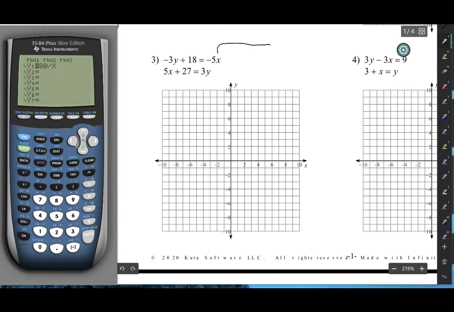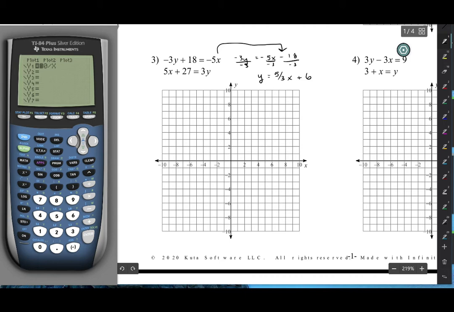I'll just solve it for y by subtracting the 18, so -3y equals -5x minus 18, and divided by -3. So the first equation is y equals 5/3 x, and then plus 6.